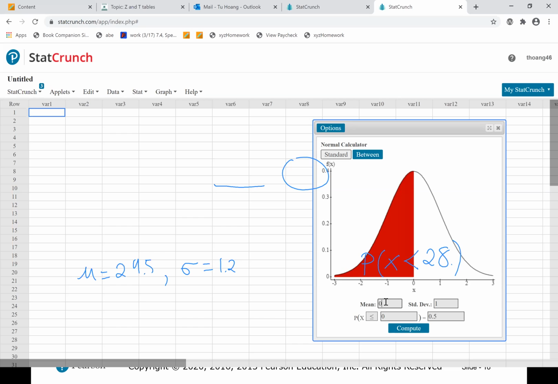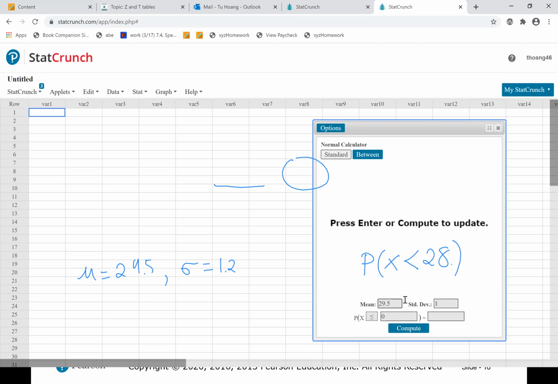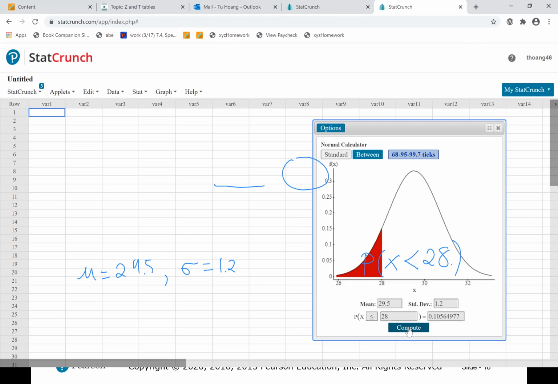The mean here is going to be 29.5 and the standard deviation is 1.2. And what's the question? X less than 28, so 28. And compute, easily you will have the answer as 0.11, or to be more accurate, 0.106. Okay, that is what we have from StatCrunch.